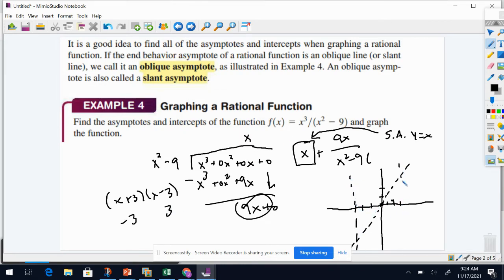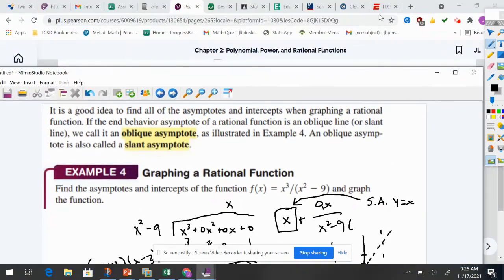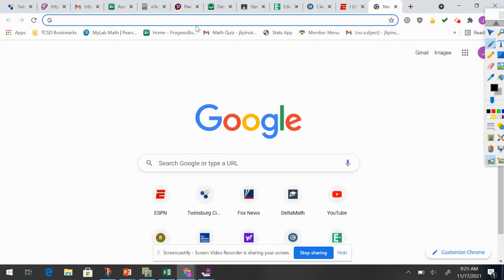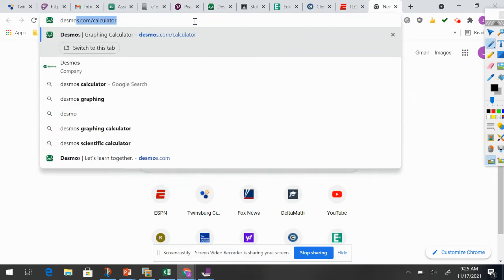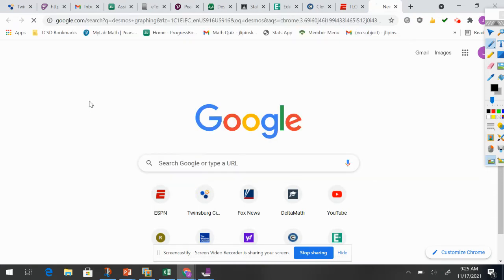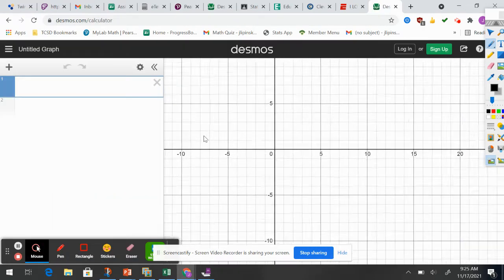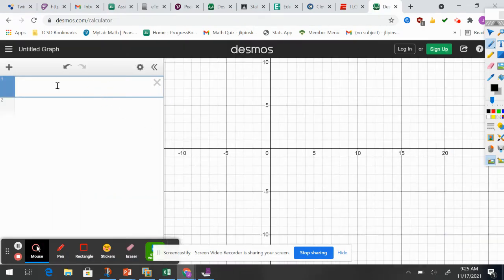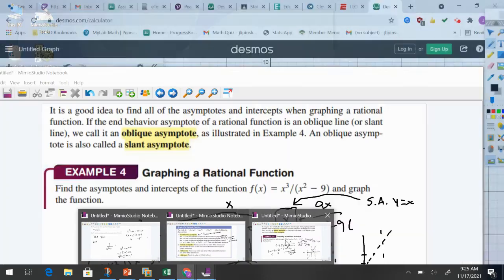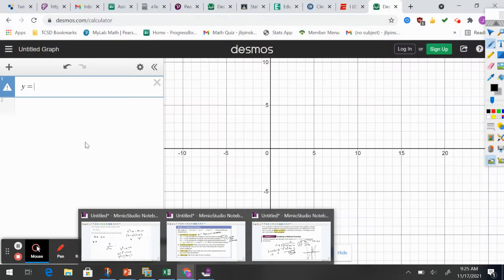And again, you won't see these when you graph this, but I'm going to graph this in Desmos and show you how to look at the graph here. So we go to Desmos graphing. y equals, and what was the problem? x cubed over x squared minus 9.